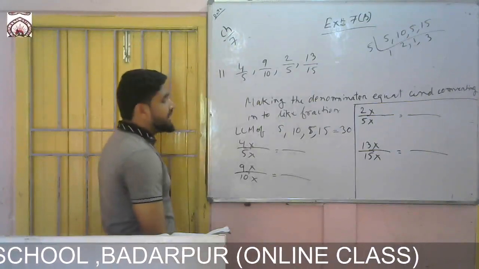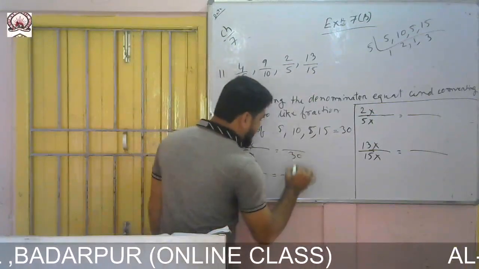So we got the LCM as 30. Now write every denominator as 30.